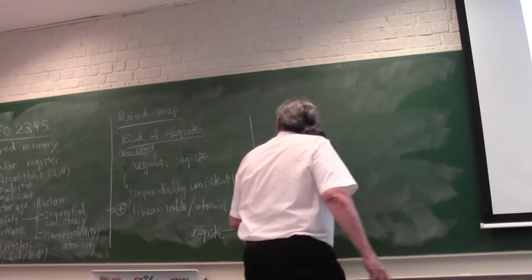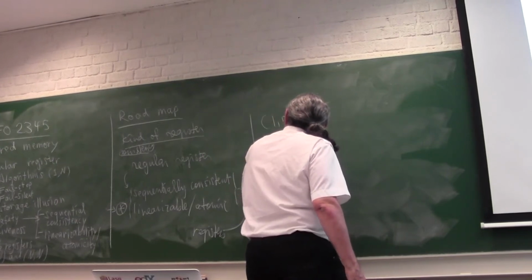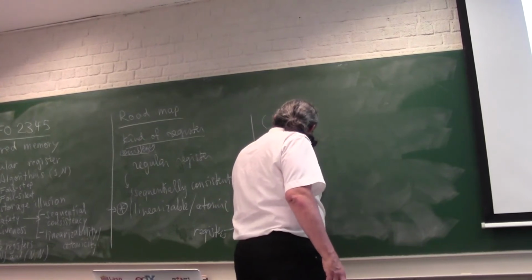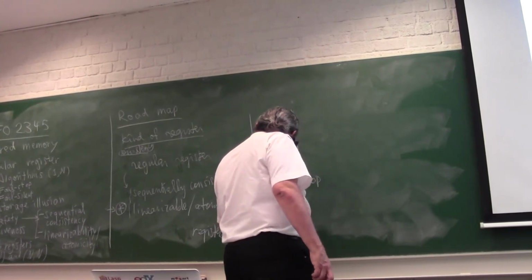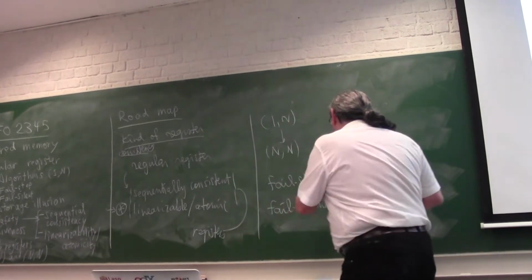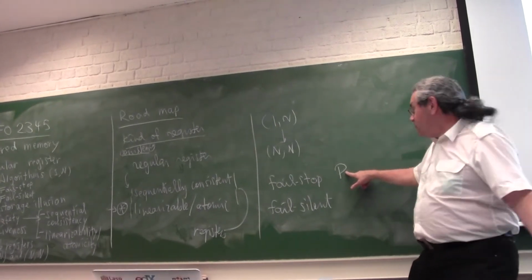And then on the other side, of course, we'll go from 1n to nn. And then we will also have fail stop and fail silent. Okay, fail stop, wow. Fail stop is our friend P, which makes it easy.